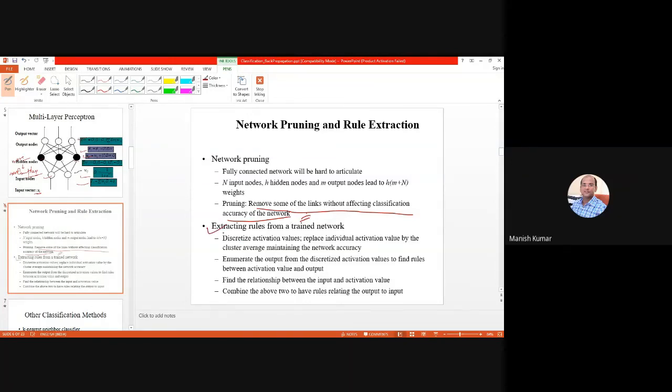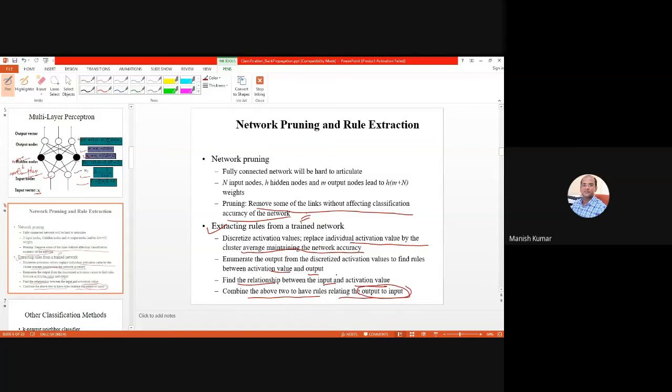Then the second one is how to extract the rules from the trained network. The first thing you can do is discretize the activation values. So replace individual activation values by the cluster average, maintaining the network accuracy. Next, enumerate the output from the discretized activation values to find rules between activation values and output. Next, find the relationship between input and activation values and combine the above to have rules relating the output to input.